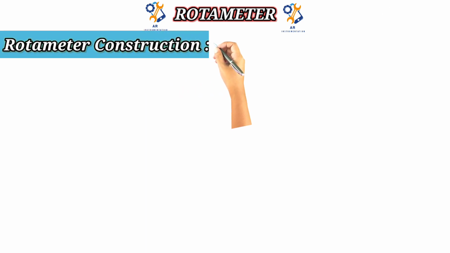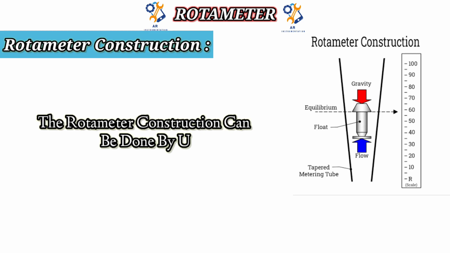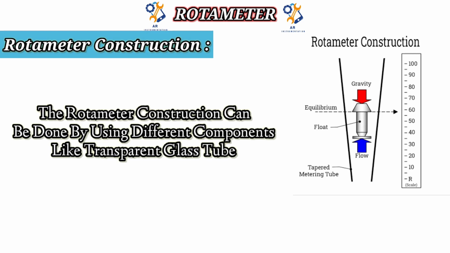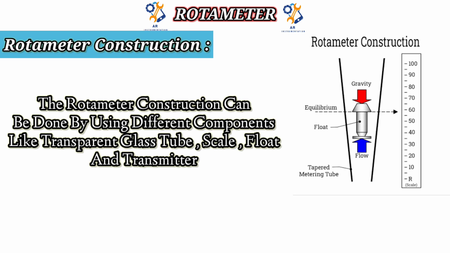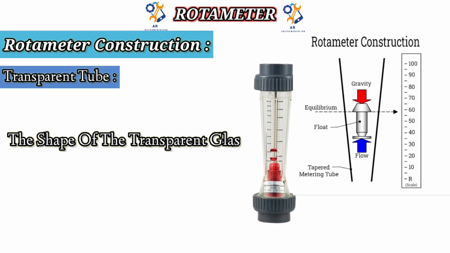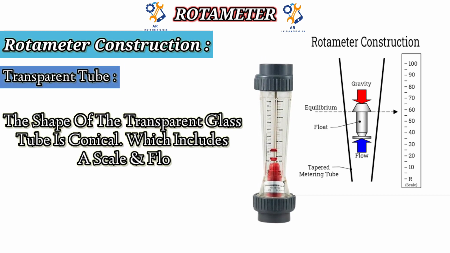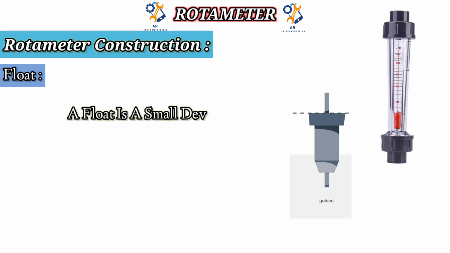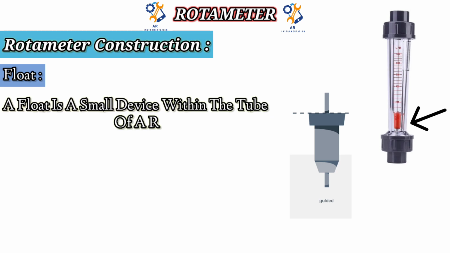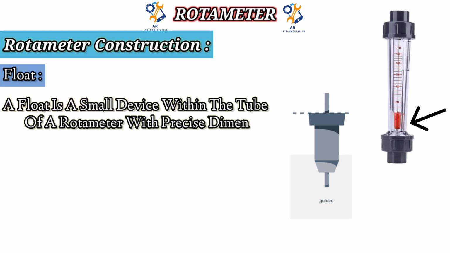Construction of a rotameter. The rotameter construction can be done by using different components like a transparent glass tube, scale, float and transmitter. The shape of the transparent glass tube is conical, which includes a scale and float within it. A float is a small device within the tube of a rotameter with precise dimensions.